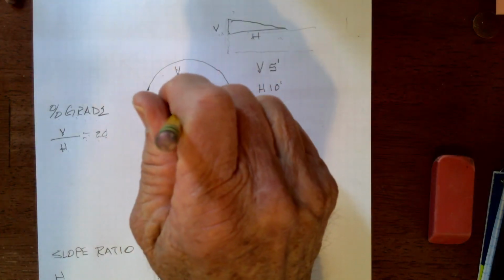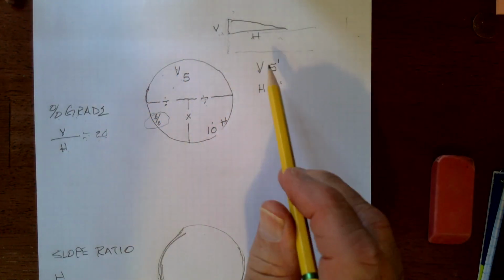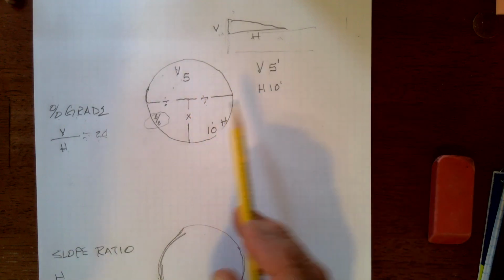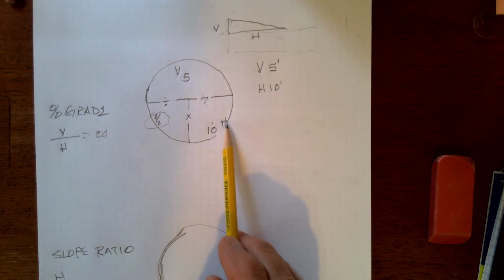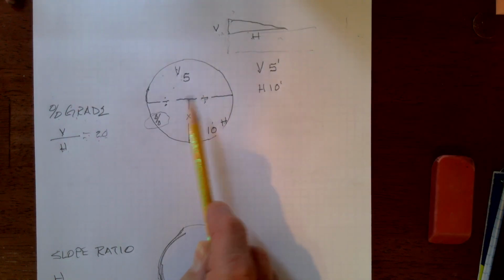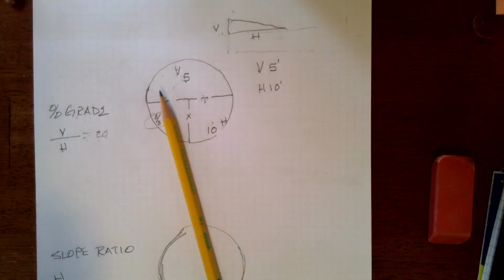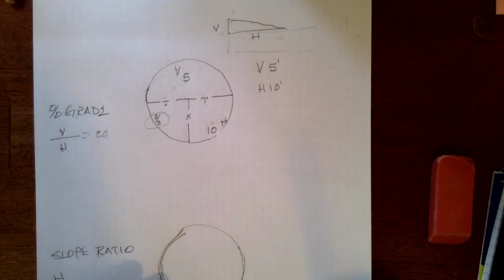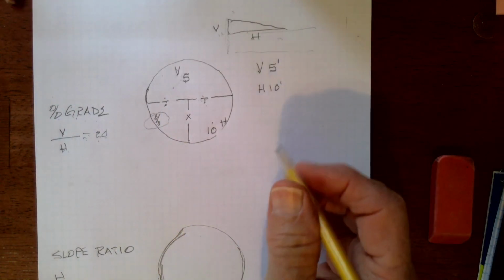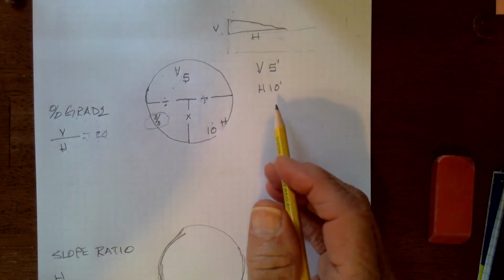This guy here does that for me. So look in here, 5 for the vertical, 10 feet for the horizontal. What's the percentage? What does this tell you? The only thing left to do is take that 5 and divide it by 10. That's where'd it go?